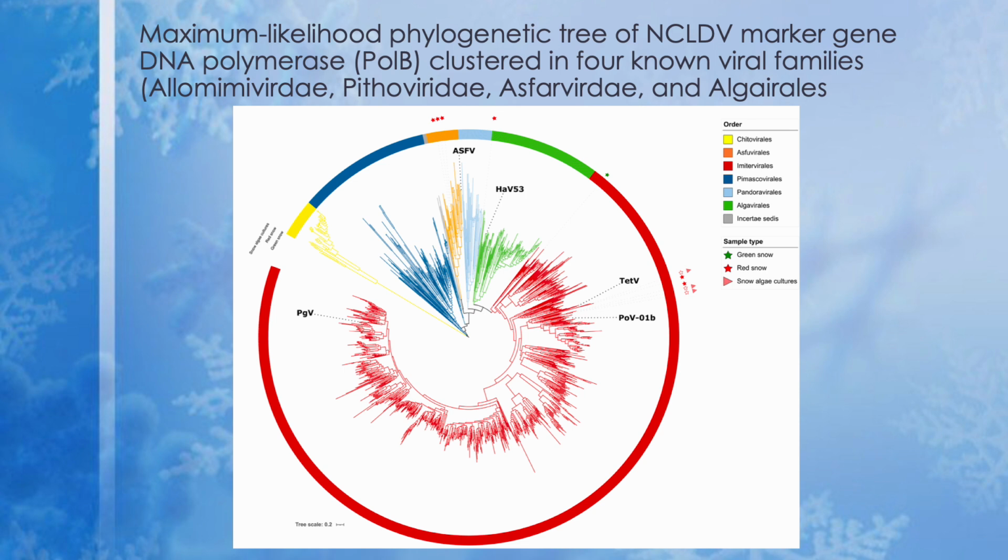POL-B phylogeny shows a wide diversity of NCLDVs and reveals potential top-down interactions affecting a diverse eukaryotic host community on the ice sheet. Red snow, MG28, MG12, and MG3 contained NCLDV signatures of different families.